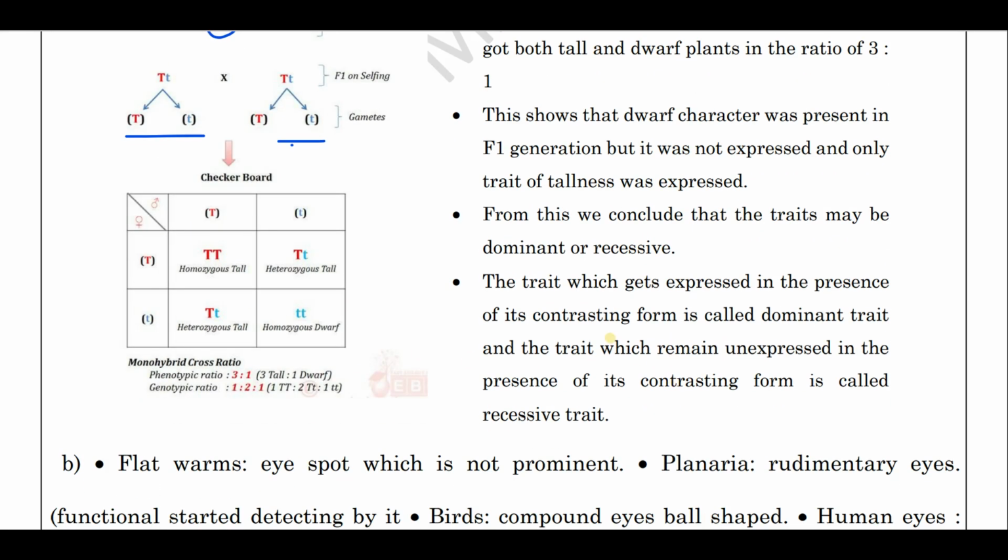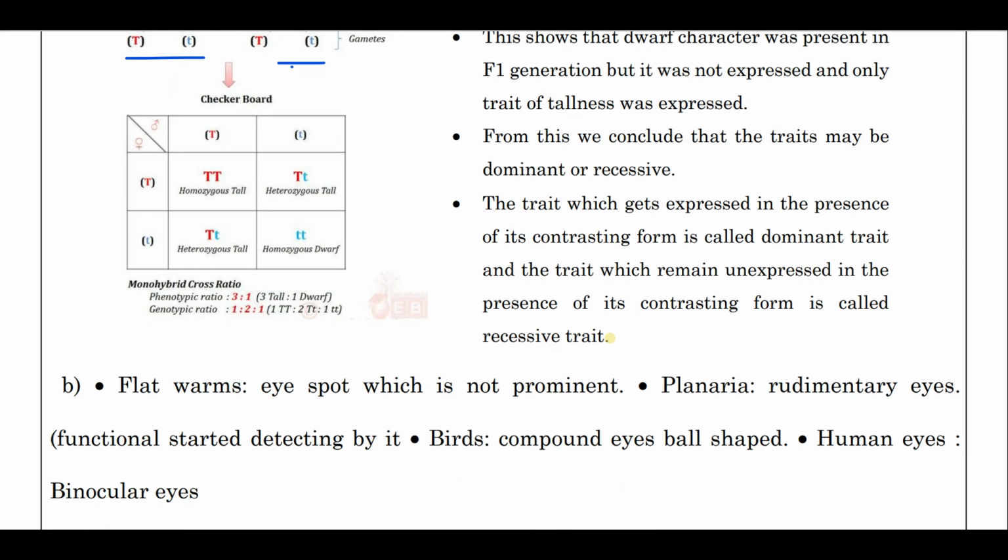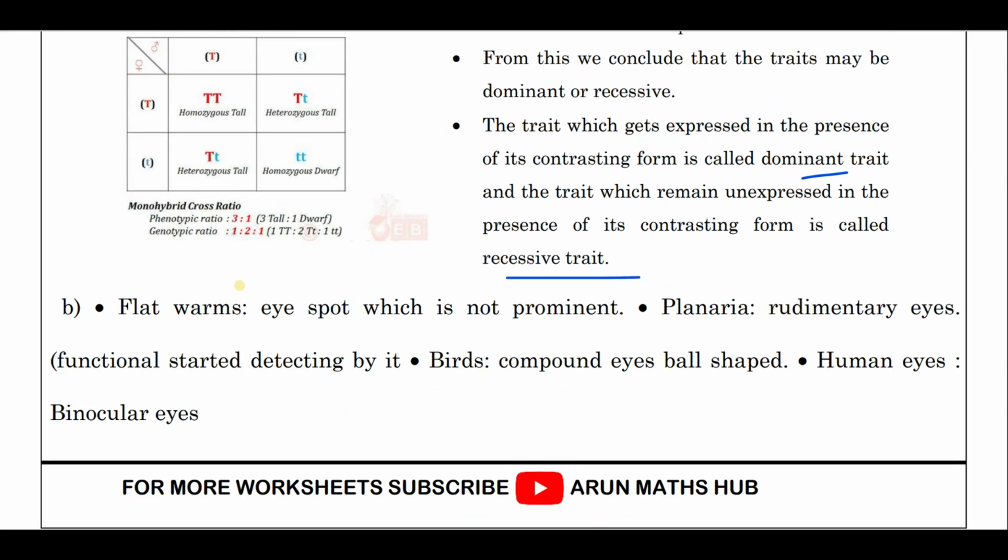It shows that the traits are dominant and recessive. The trait which is expressed is called the dominant trait, and the one which is not expressed is called the recessive trait.